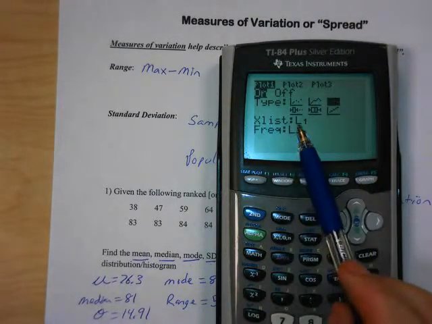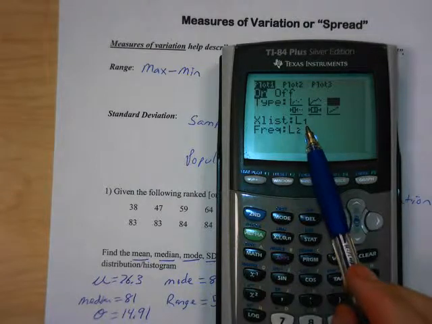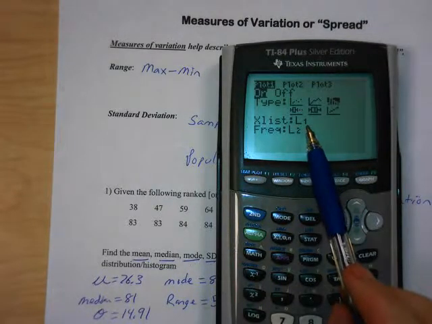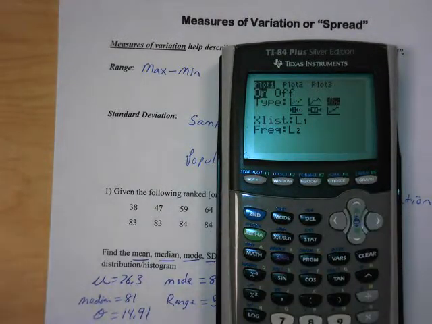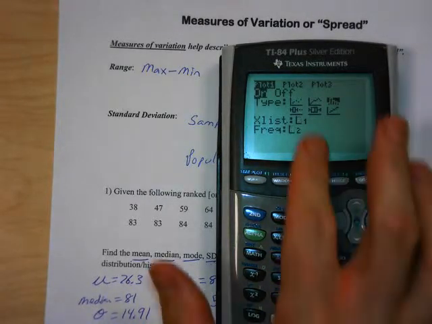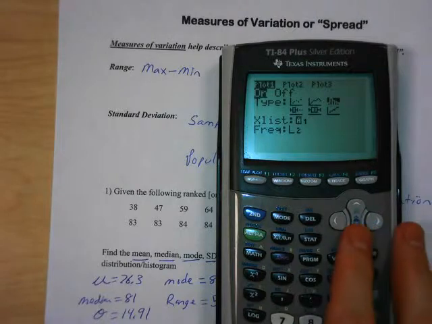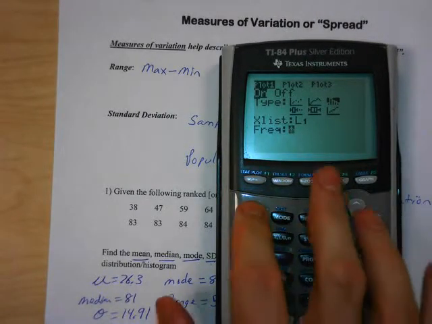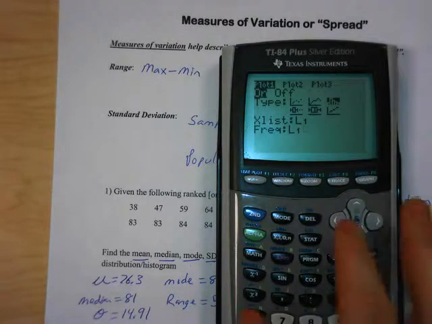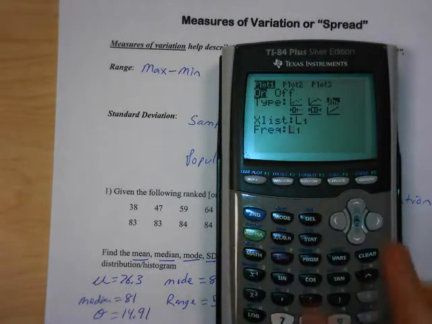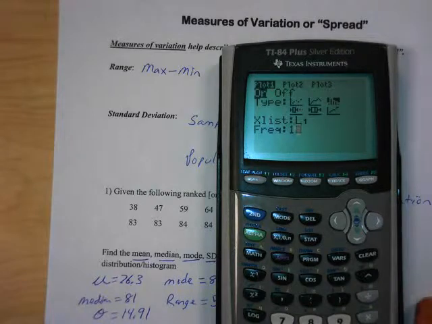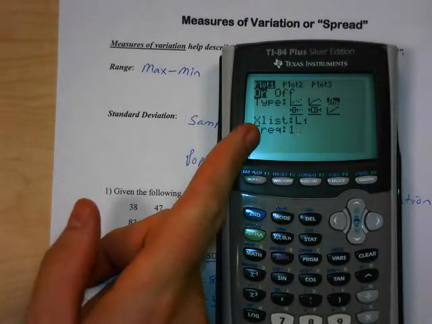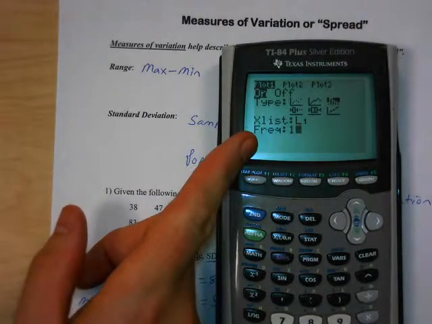The X list, and your calculator functions may be different. I find students in class are kind of half and half with the version they have. But for your X list, we put the values in list 1. Now the frequency, we want that to be 1, basically saying that each value in list 1 counts only once.